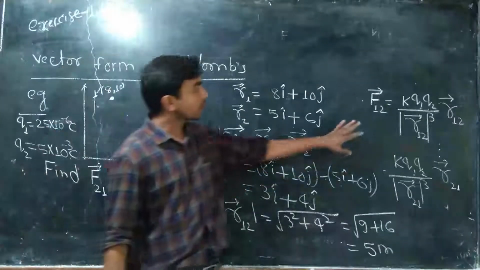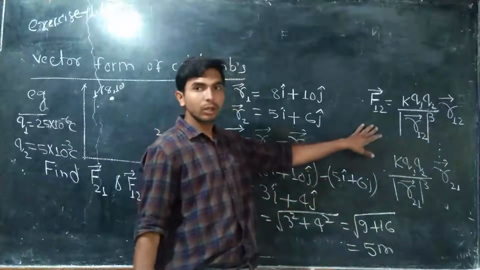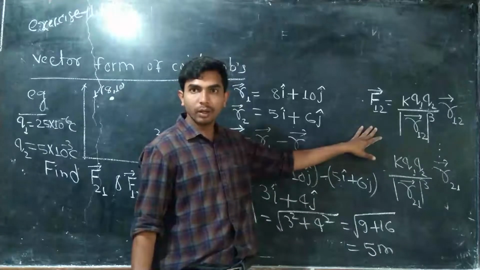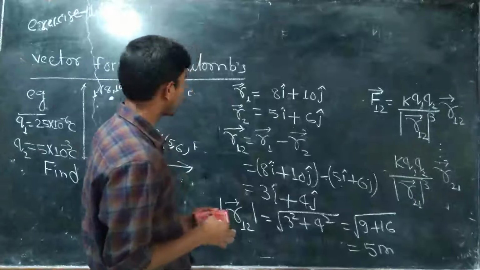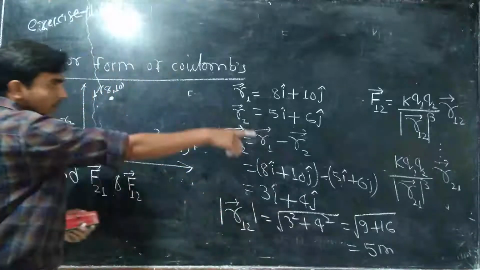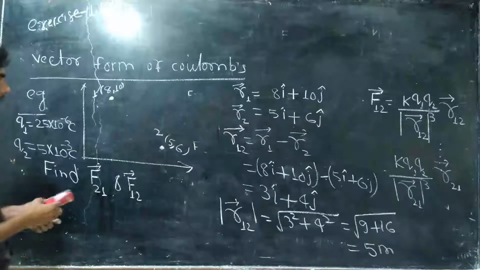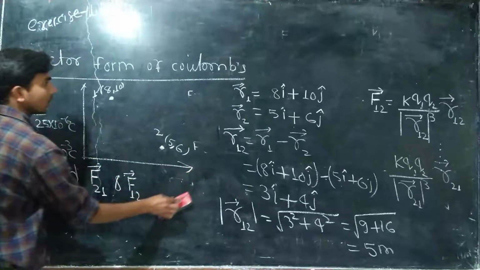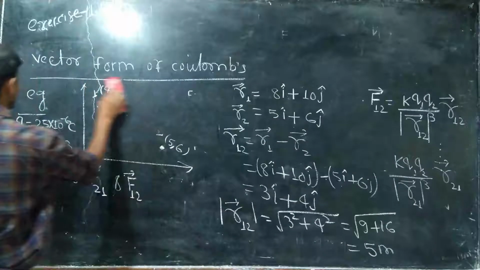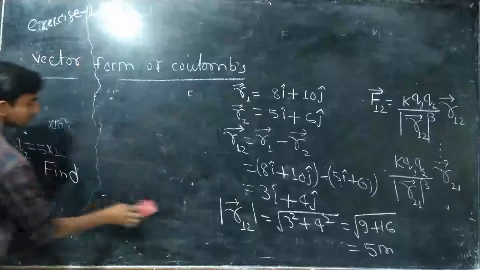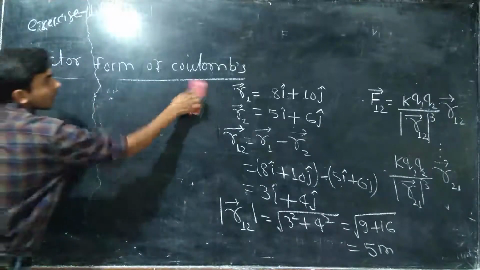So by substituting this value in this formula, we are able to find the force, right? So now I am going to substitute the values. After that I am writing here. Now I am writing this side.